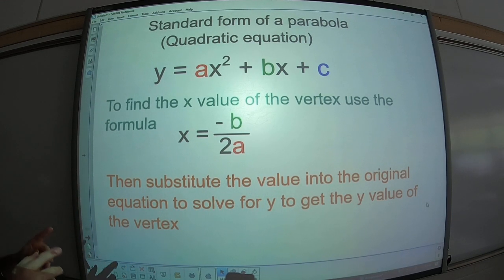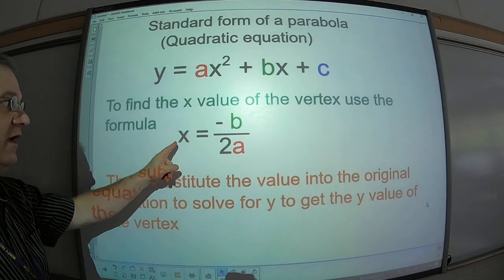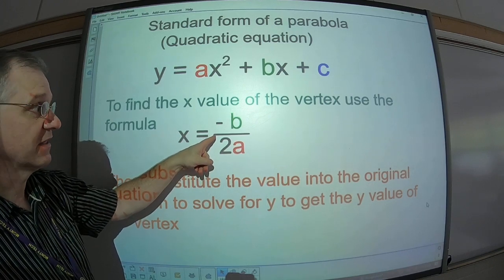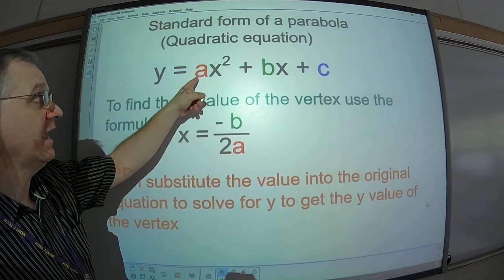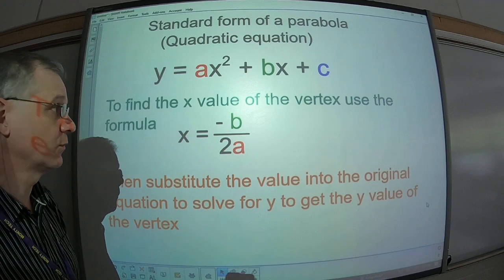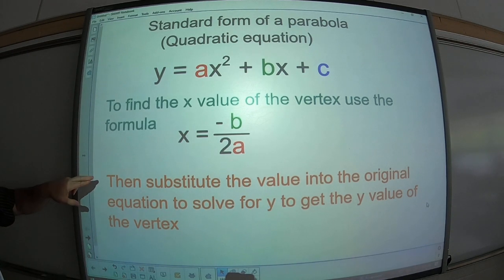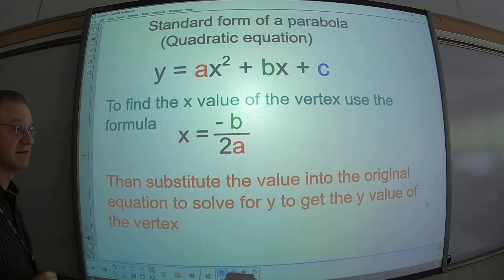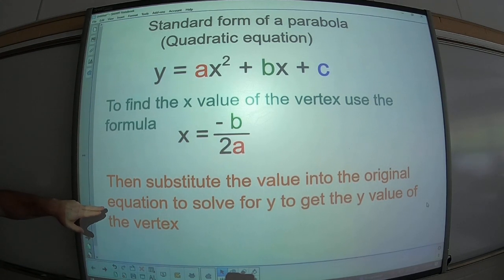To find the x value of the vertex, use this formula: x equals negative b, the coefficient of x, over 2 times a, the coefficient of x squared. First, you find that, and then you substitute that value for x wherever the x's are in the original equation, and solve for y to get the y value of the vertex.